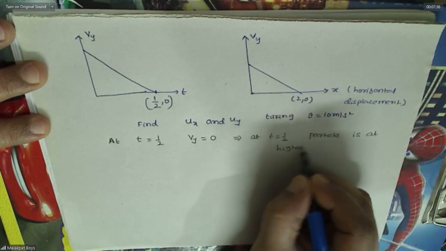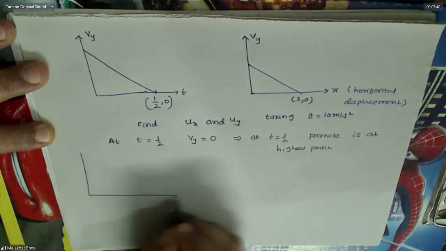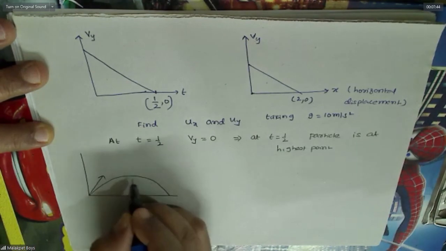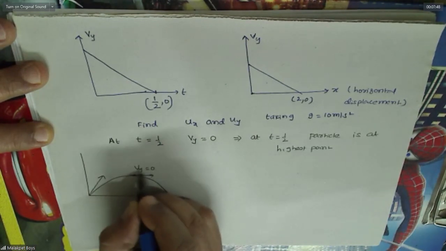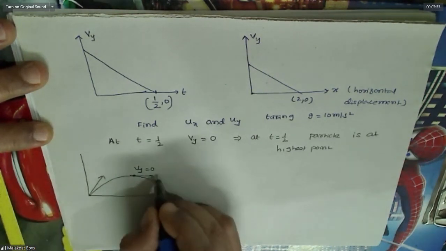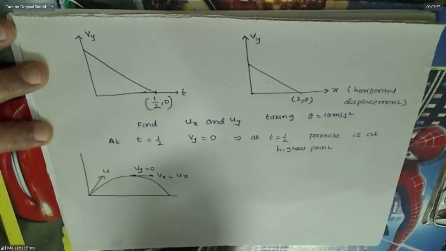Remember, it goes like this. Vy at the highest point is 0, no? Yes, sir. Understood this?